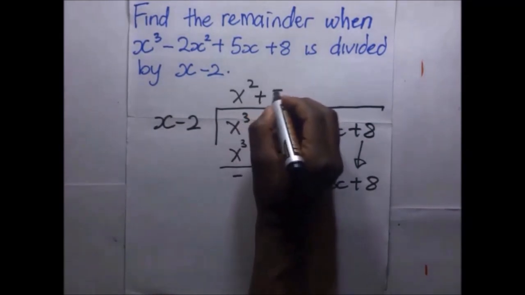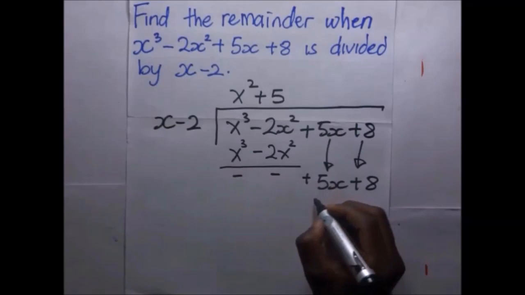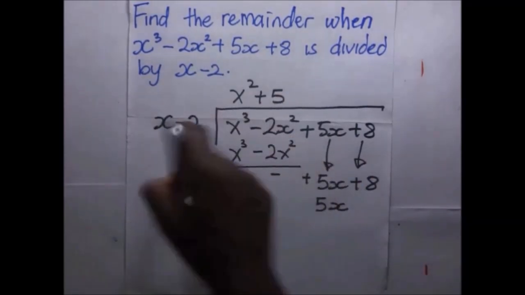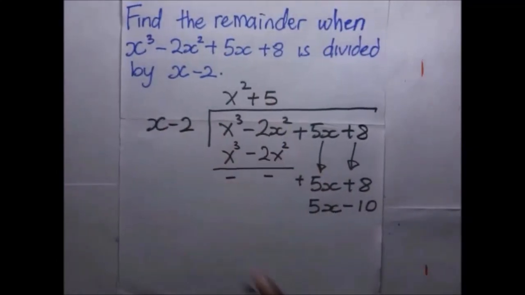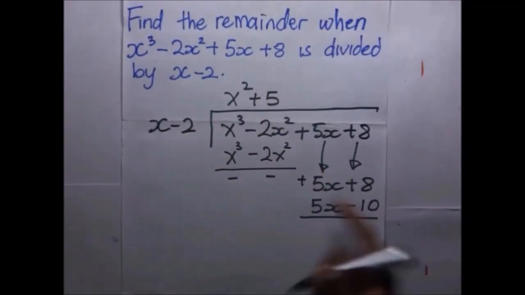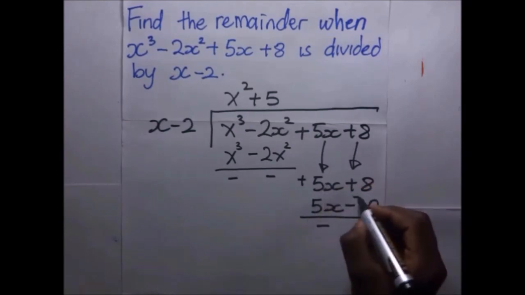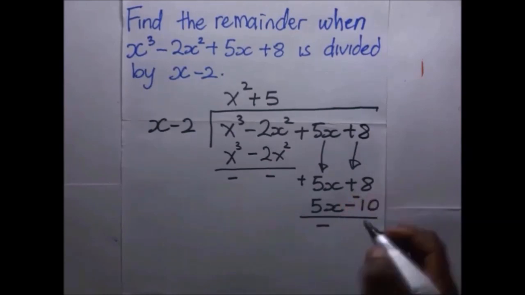Positive 5 times x will give us positive 5x, and this 5 times negative 2 will give us negative 10. We subtract these two. 5x minus 5x gives us nothing. 8 minus negative 10 is going to become a positive, so it becomes 18.